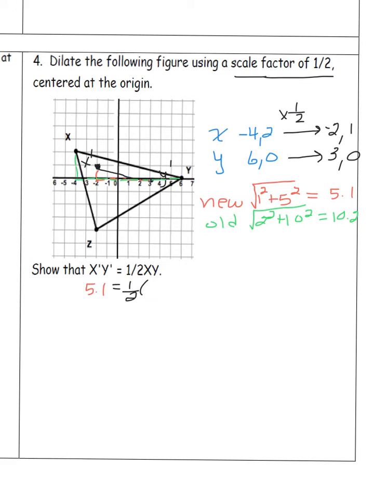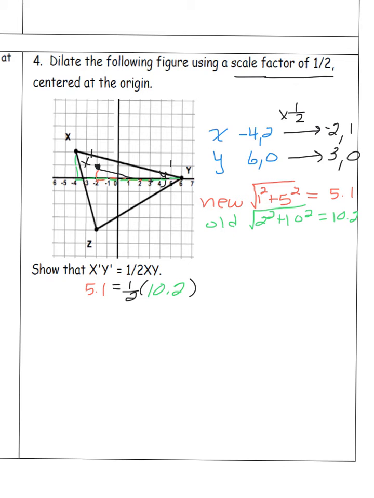And then the next thing it says is xy. Xy is my old, and that's what we got right here. So I'm just going to take my answer for the old and plug it in. So I'm getting 10.2, and I'm pretty much done here.